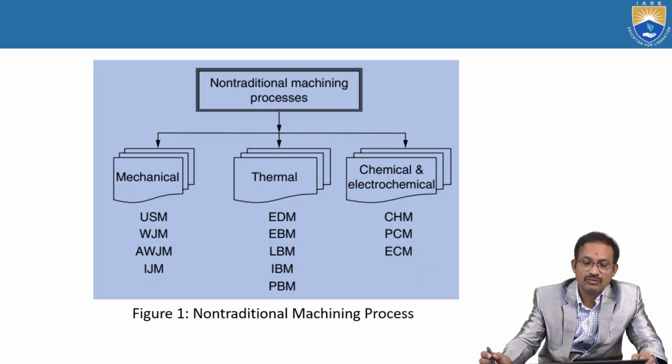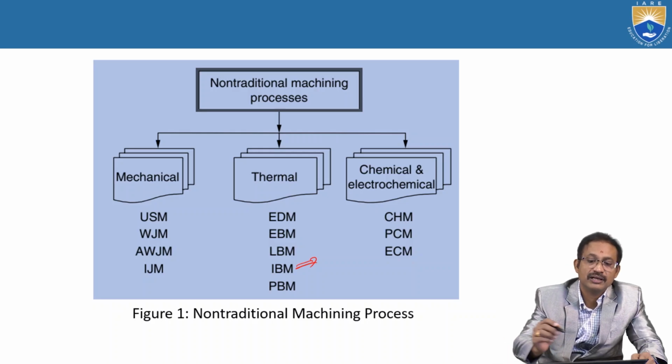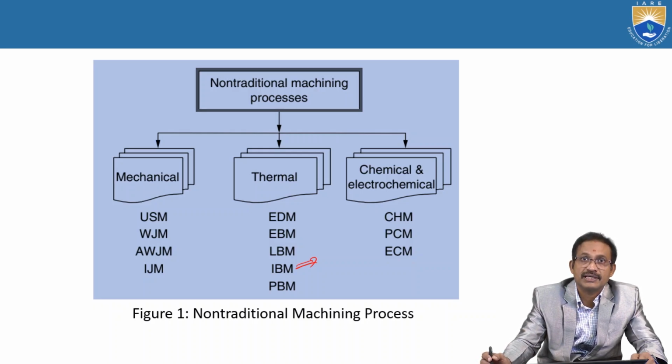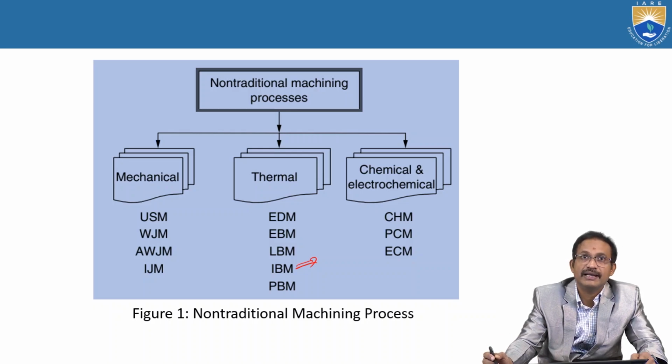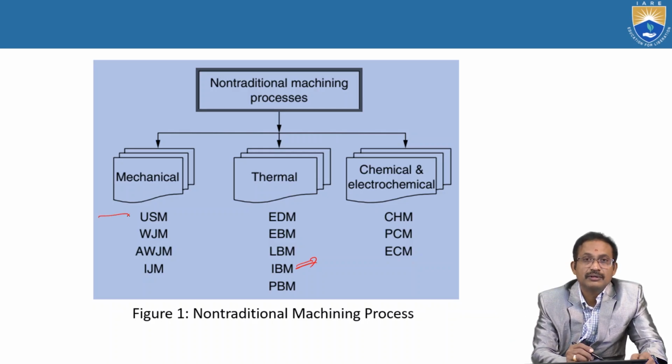Now we are discussing ion beam machining problems and solutions. However, let us discuss non-traditional machining processes for better understanding. Non-traditional machining processes are classified into mechanical, thermal, chemical and electrochemical. In mechanical: ultrasonic machining, water jet machining, abrasive water jet machining, ion jet machining.